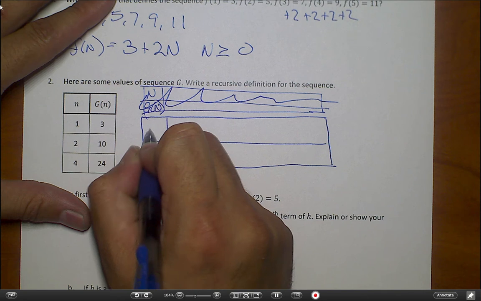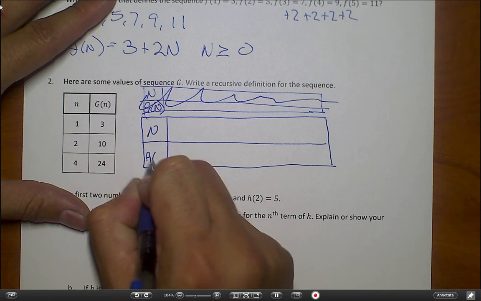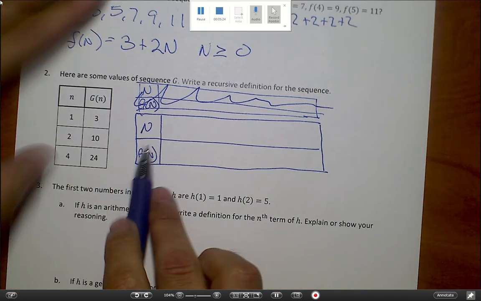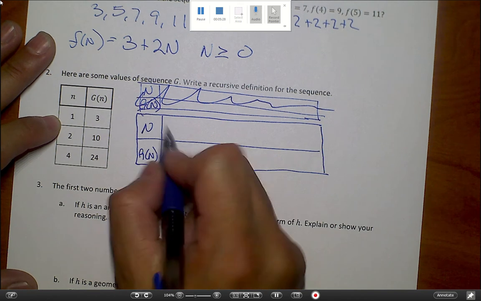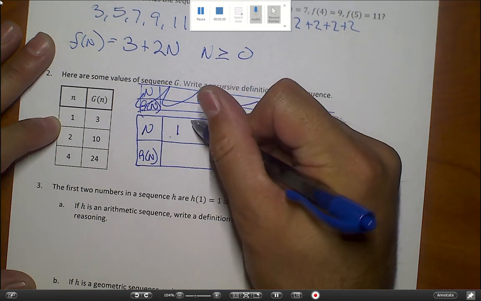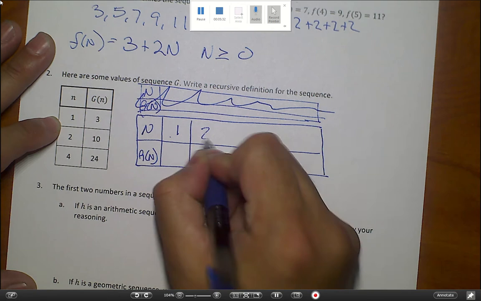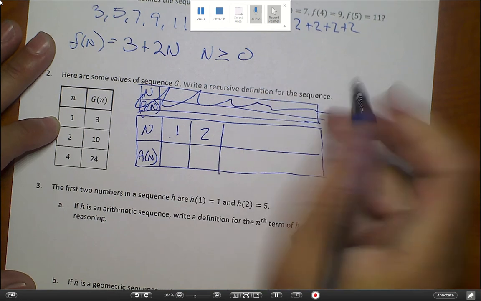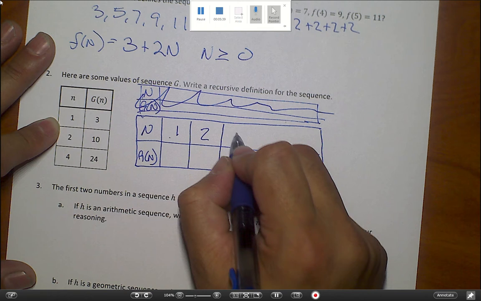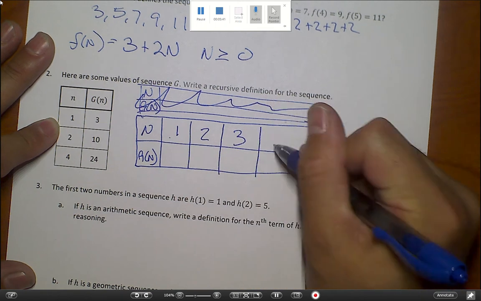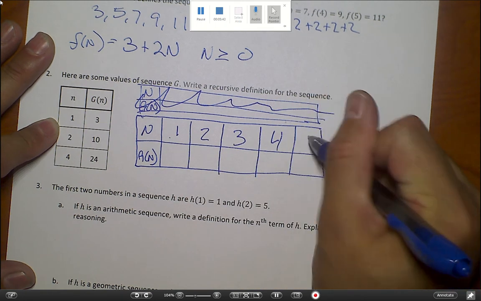So n and g of n. Very good. My first term, 1, right? What comes after 1? 2. What comes after 2? Uh-oh, what's supposed to come after 2? 3. And then after that? 4, then 5.